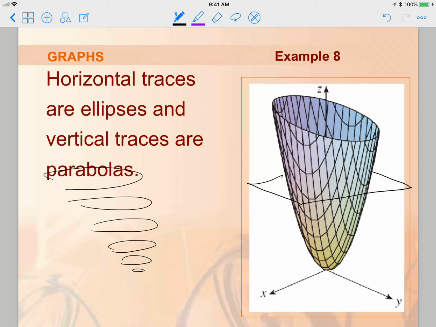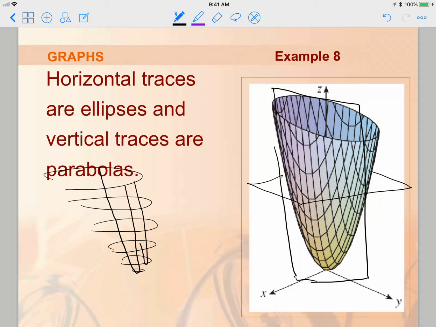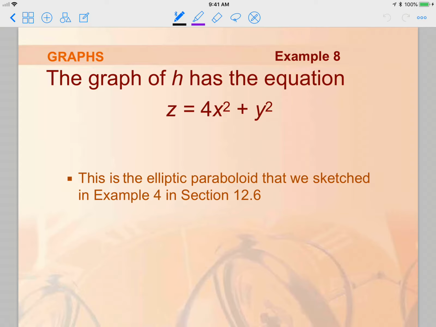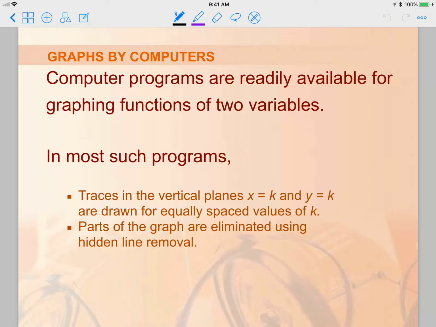And then if you take a vertical trace, you're going to get a parabola. So imagine a bunch of parabolas and ellipses, and it all comes together as this elliptic paraboloid. Okay.